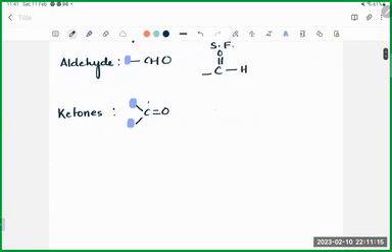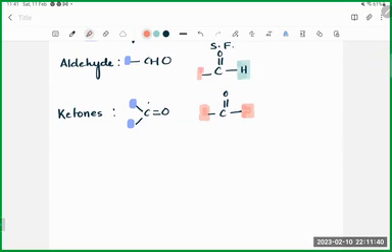So look over here. These are the R's we are talking about. This way we can even learn the structural formula. What is the difference between aldehydes and ketones? In the aldehyde case, you have hydrogen here. But in the ketone, you have an alkyl group on both sides.